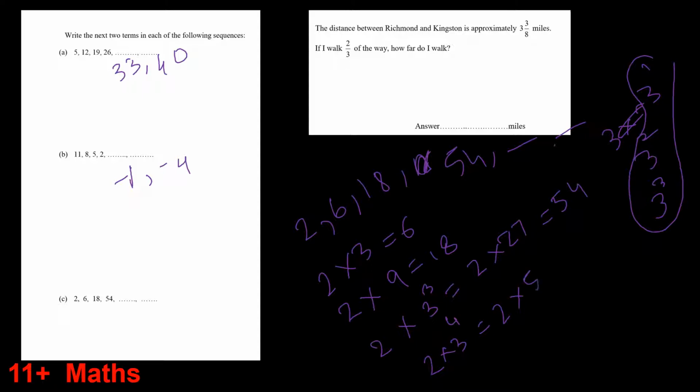So 2 times 54 times 3, that equals 162. I think that is the next number of the series, but let us try to do this one more time to make sure I'm not missing something.